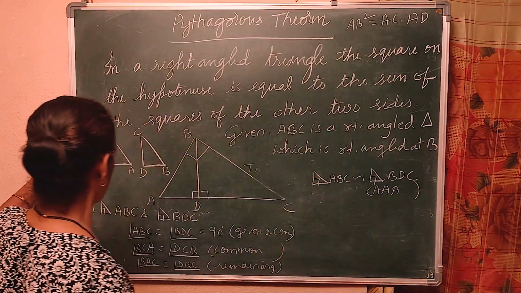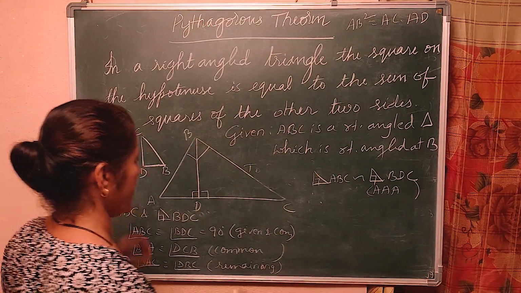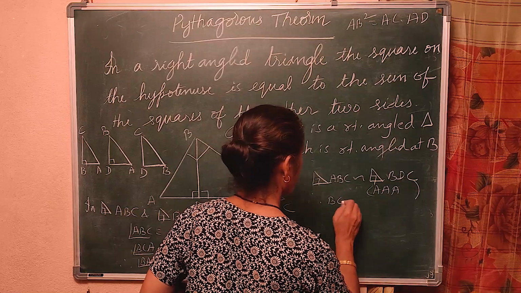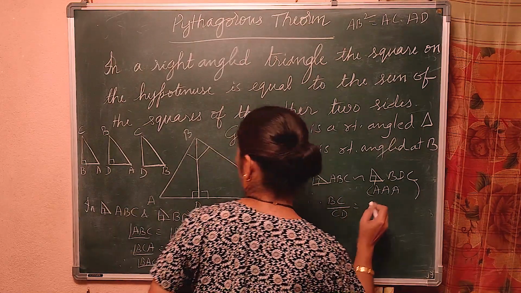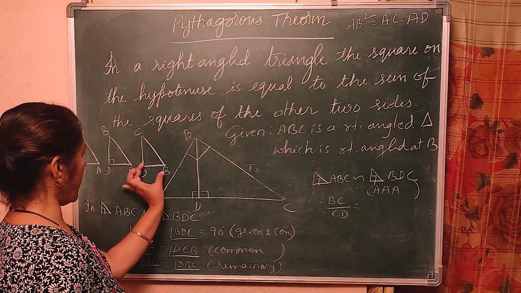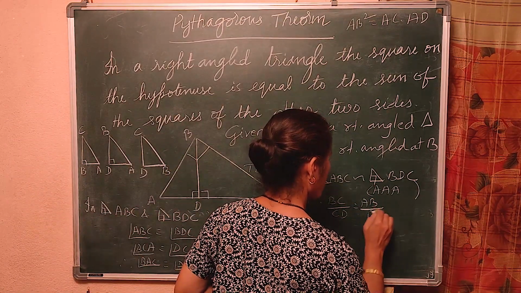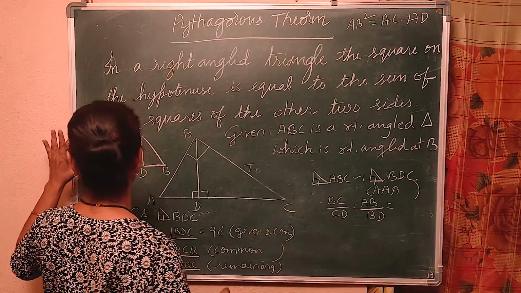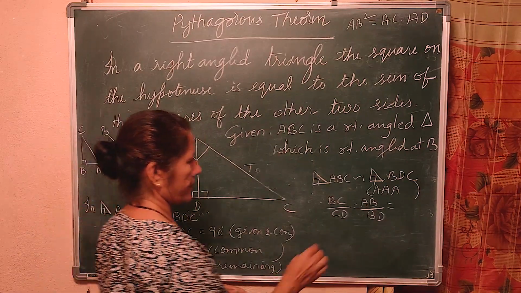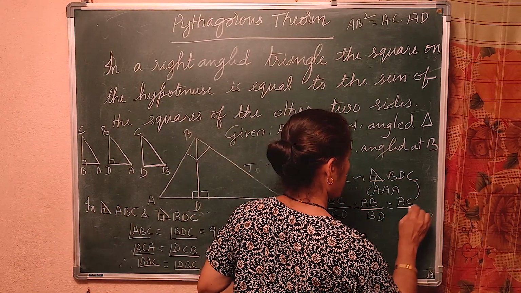Therefore, now we say BC by CD is equal to AB by BD is equal to AC by BC.